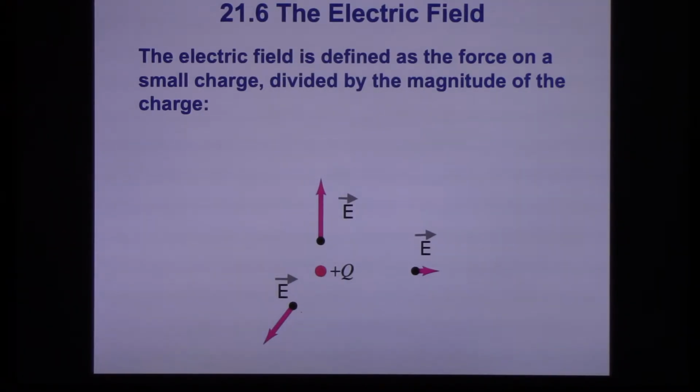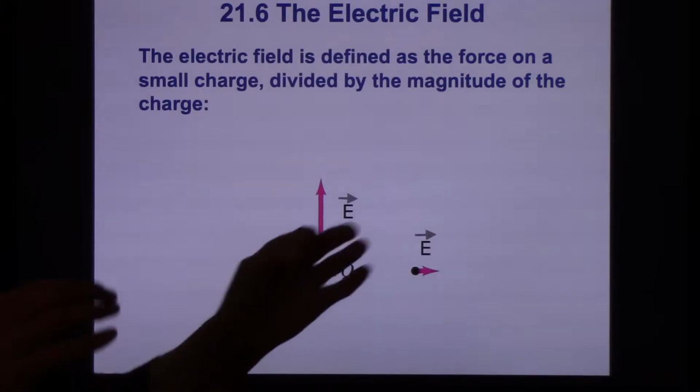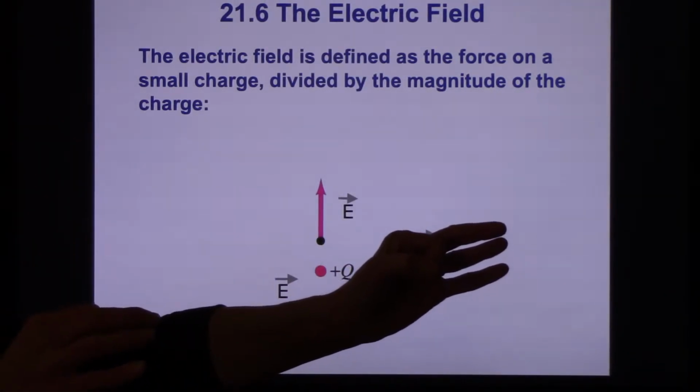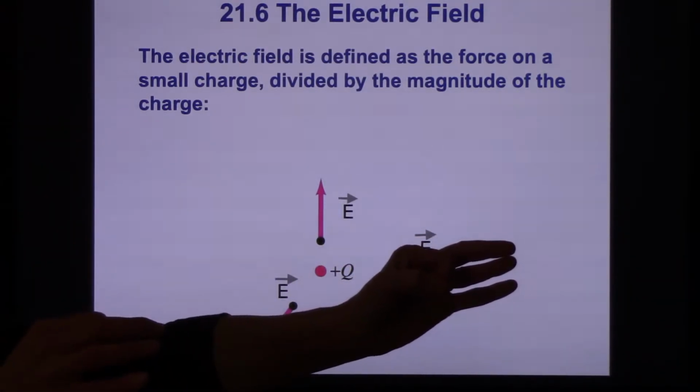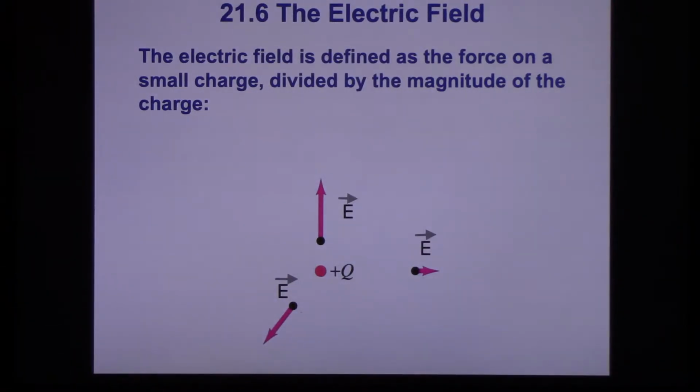So it turns out that forces do not propagate immediately. Forces do not have an immediate effect on other charges. It takes time for the force to propagate. And we use the field as a way to understand that delay that takes place.